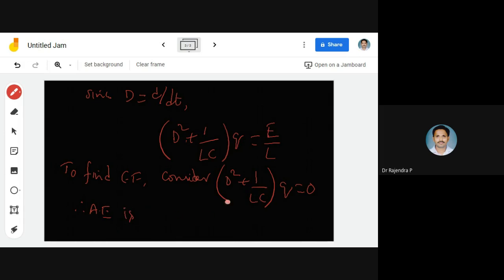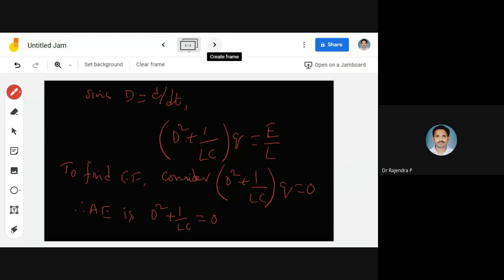Auxiliary equation is, without disturbing the whole equation, simply I will write d square plus 1 by LC equal to 0. Okay. So now here, while going forward for this particular problem, it is difficult to get the roots and all.